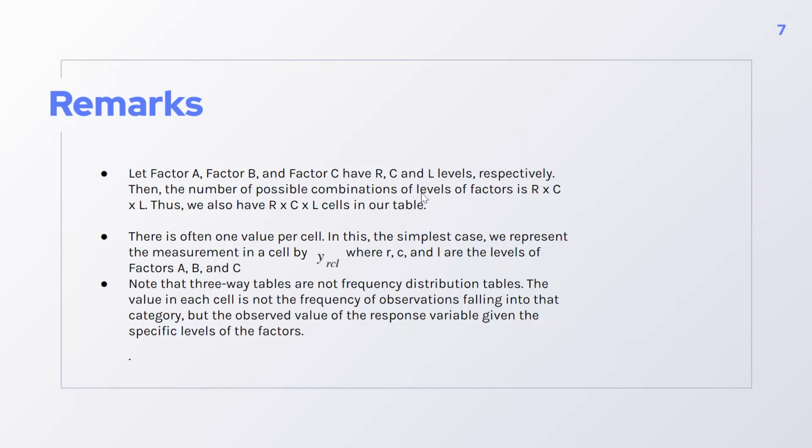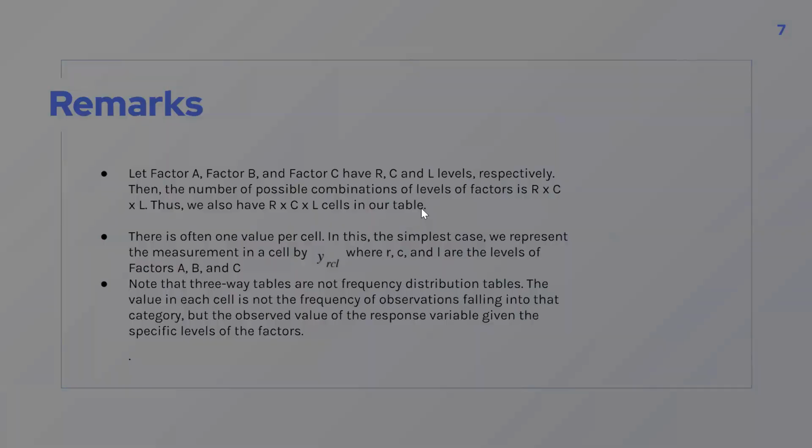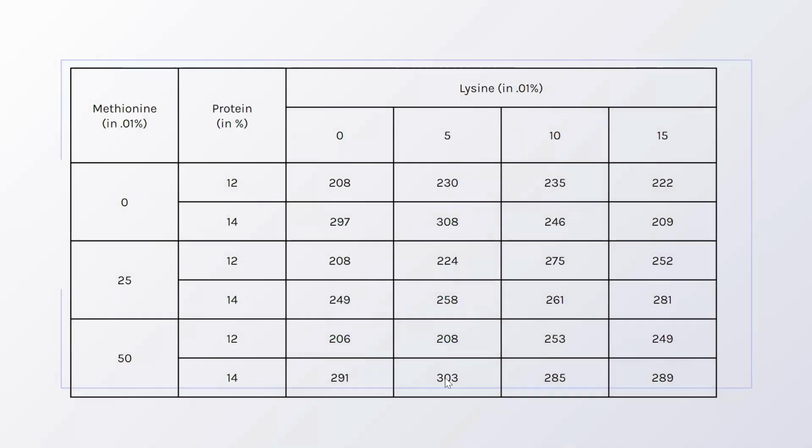Then the number of possible combinations of levels are, of course, what do you call this again in combinatorics? Counting, yeah, multiplying, R times C times L. So simple combinatorics lang po. So there are R times C times L cells in our table. So ito po yung cells natin. Ito po yung mga Y sub RCL po natin. So there are 24.